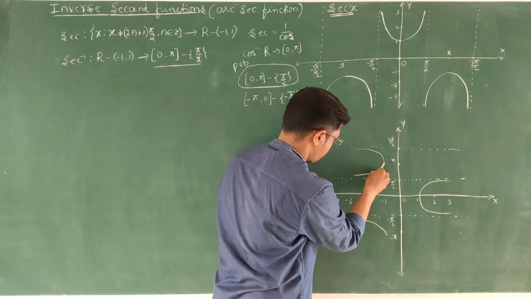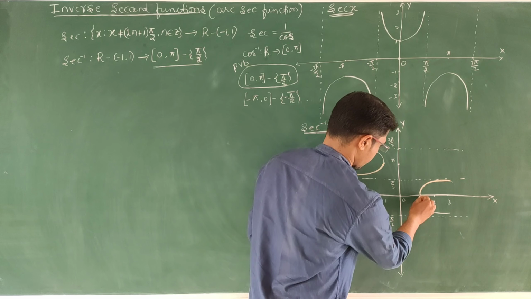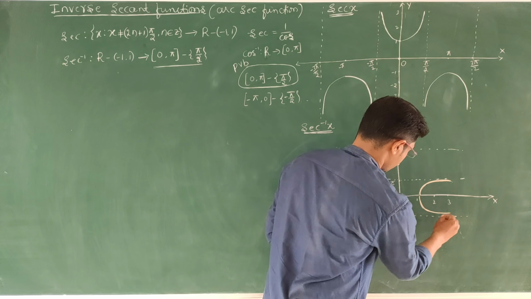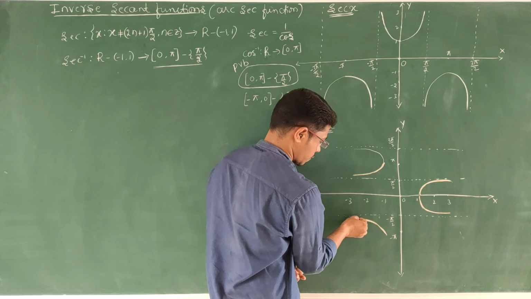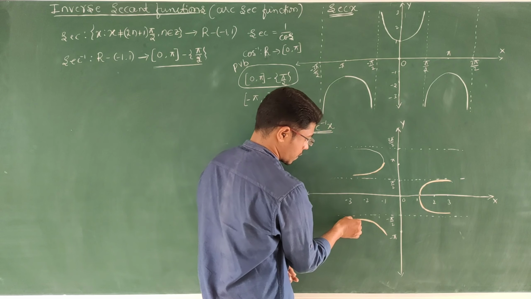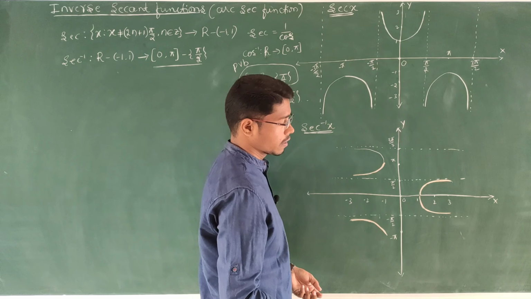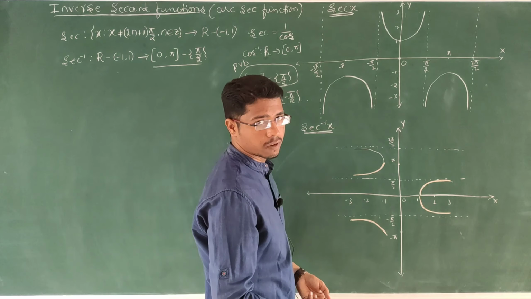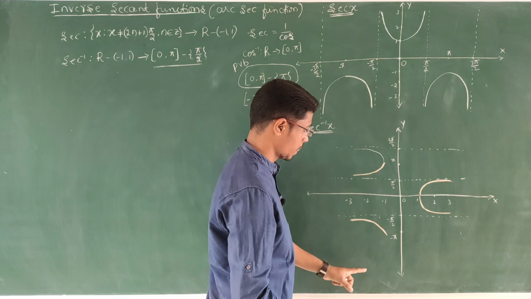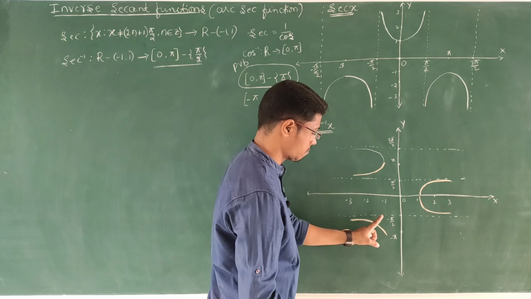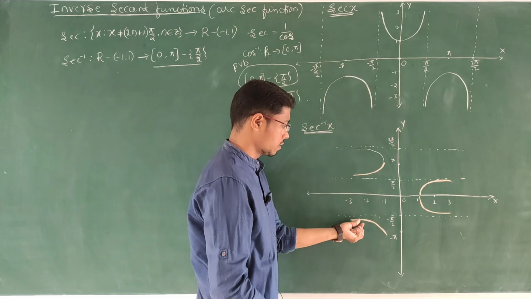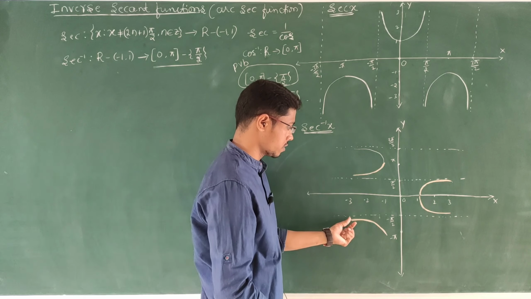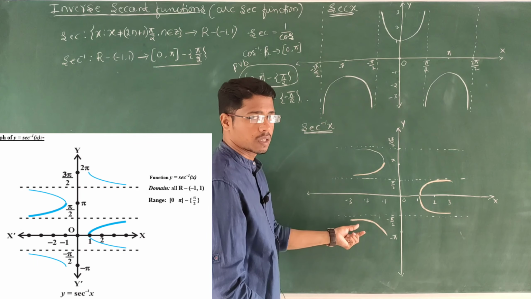Or one more is -π to 0. In these intervals the sec will become invertible, that is [0, π] except π/2, and [-π, 0] except -π/2, because this graph doesn't meet π/2 anywhere.